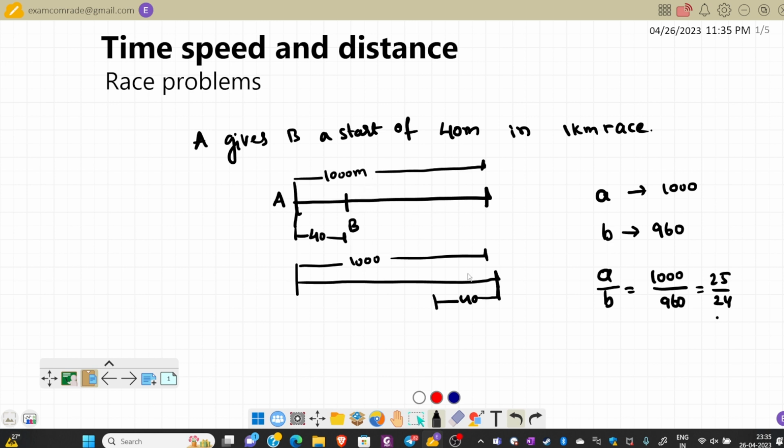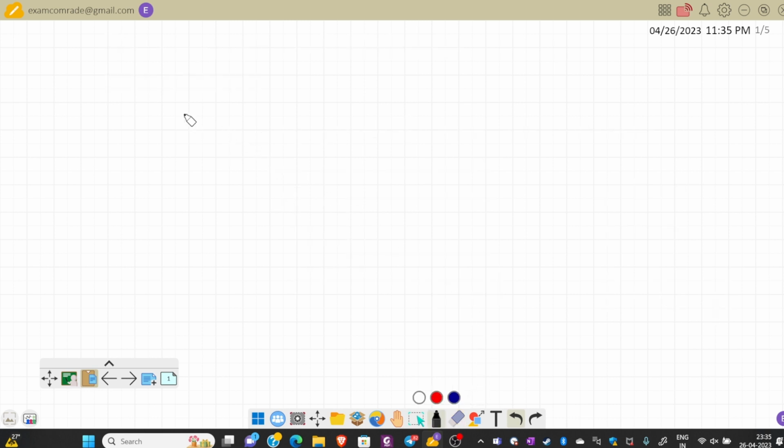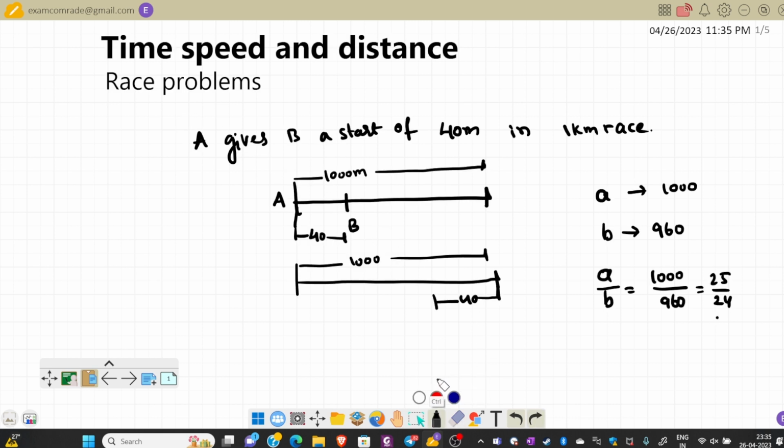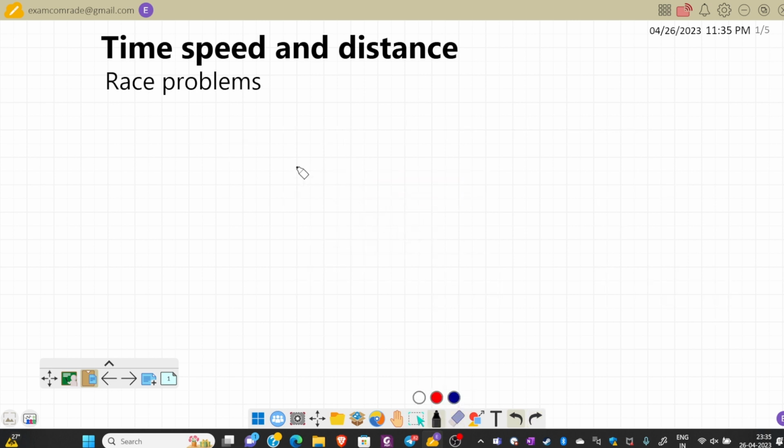Okay, this is one type of question. In some other types, they give it in time. A and B start the race, A finishes the race first and B will be somewhere here when A reaches.